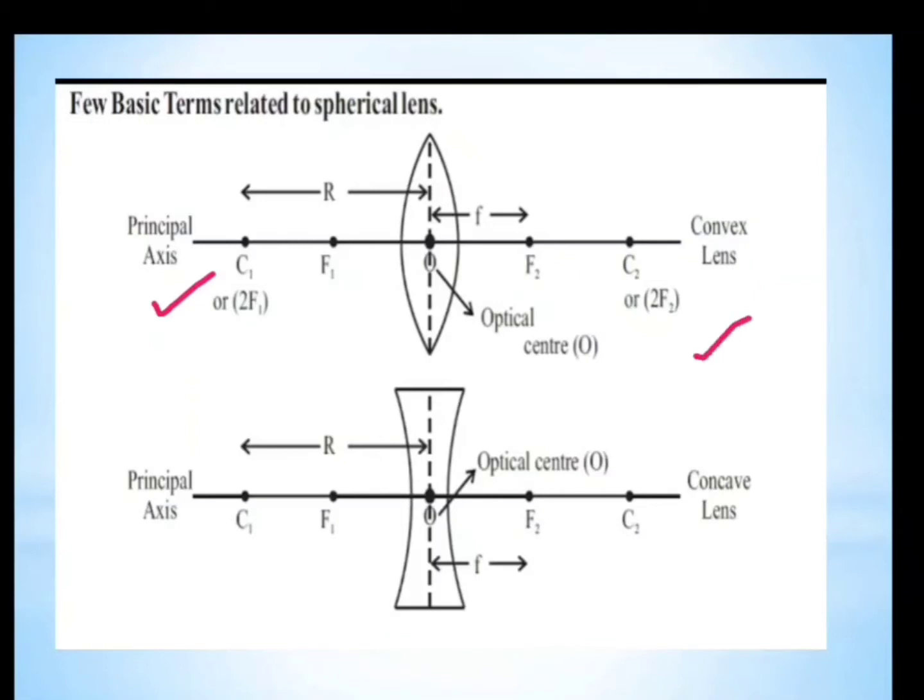Radius of curvature. The sphere has a radius. So the radius of the sphere of which the lens is a part is known as the radius of curvature of the lens. So same as center of curvature, a lens has two radii of curvature. Okay? Principal axis.